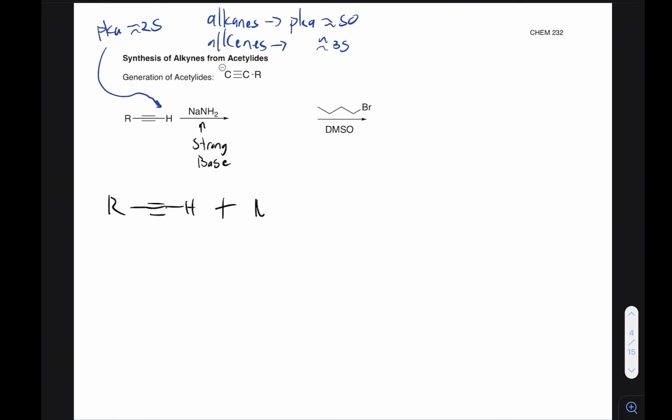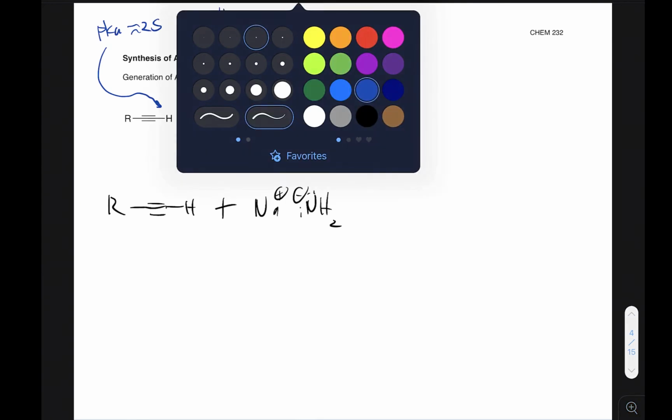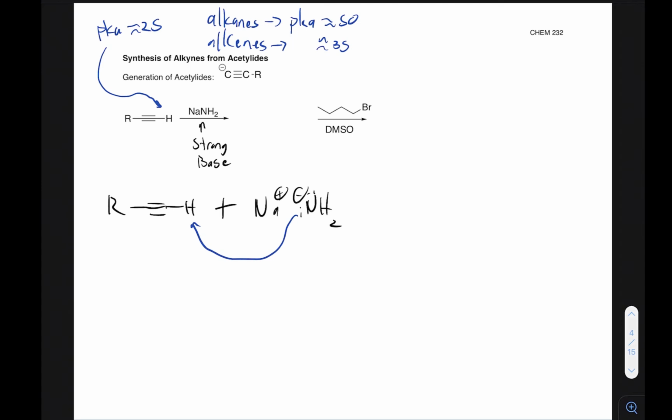If we do this reaction with this conjugate base of ammonia, a really strong base, go ahead and draw in our lone pairs here, we can see that it can pretty easily abscond with the hydrogen, leaving lone pairs onto the alkyne to make our acetylide, which is what this group here is, this negatively charged alkyne. The conjugate base of an alkyne is this acetylide, okay?